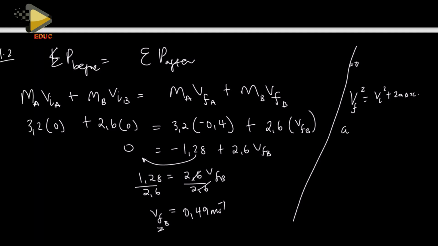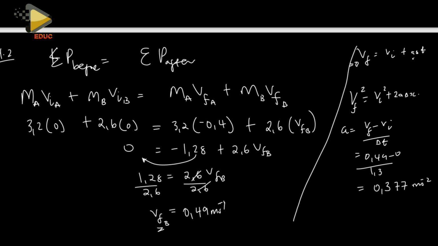The acceleration is V final minus V initial over delta t, which is 0.49 minus 0 divided by 1.3. But why not use the first one, V final is V initial plus A delta t? Fine, let me use this: 0.49 divided by 1.3 seconds. That gives me 0.377 meters per second squared.